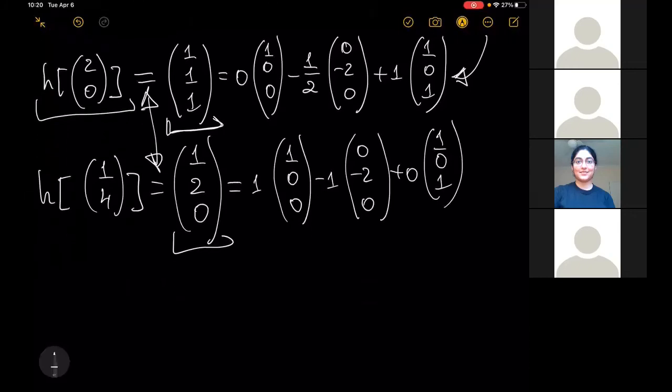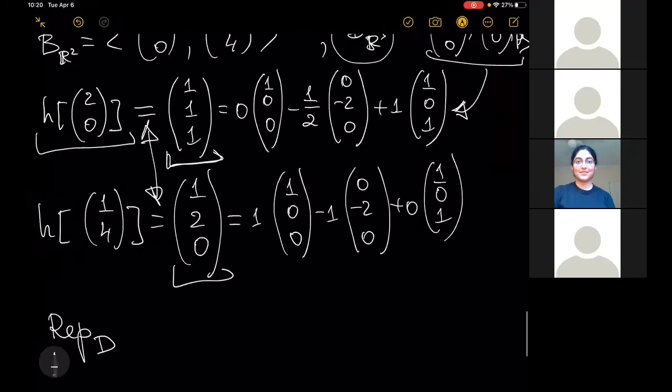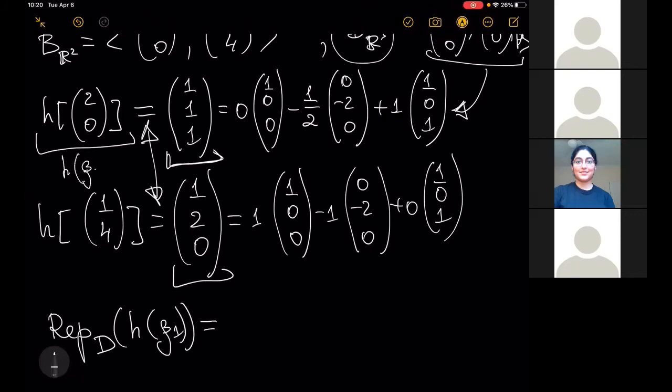So in other words, the representation with respect to the basis D of H of beta 1 is (0, -1/2, 1).